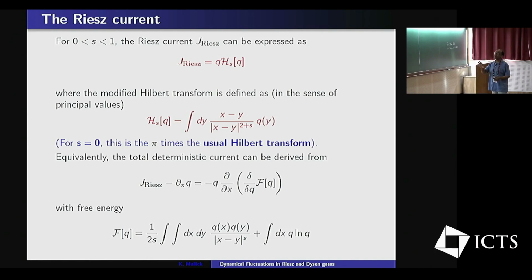So now we have every ingredient, we have a closed equation in terms of this density Q, and we can even write a free energy for the system. This will give you the interaction current, and this will give you the diffusive current. All this is very well explained in papers of Abhishek, Anupam, Gregory, Satya, and their students.